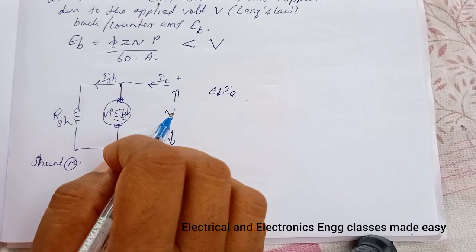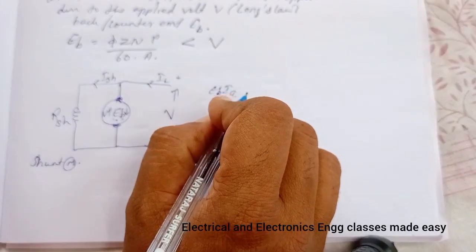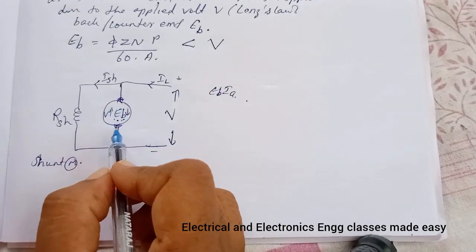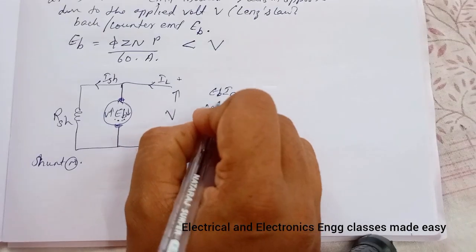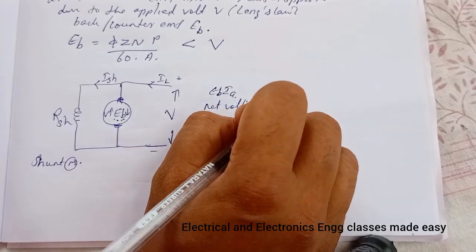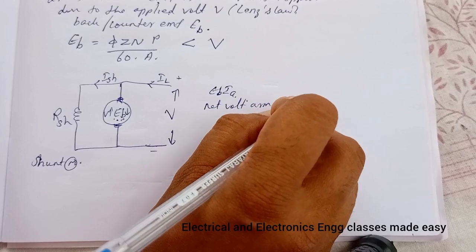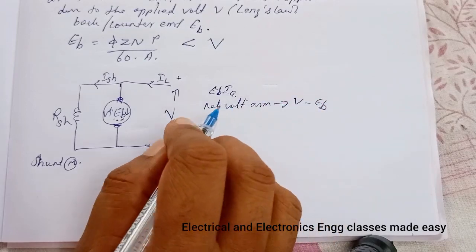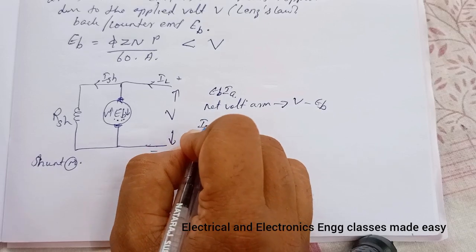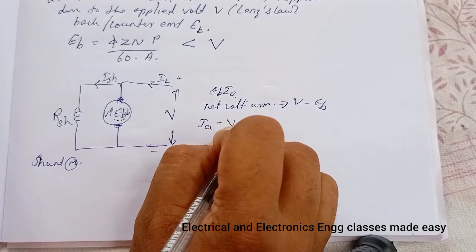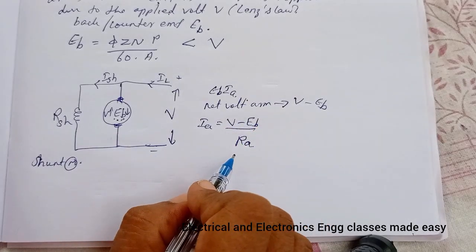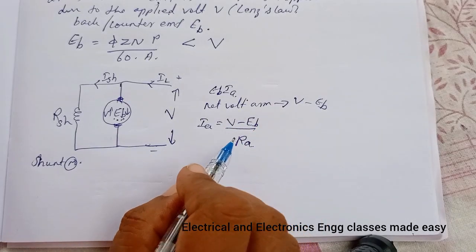and here the net voltage across the armature circuit is V minus EB. And here the armature current IA can be written as V minus EB divided by RA, where RA is the armature resistance.